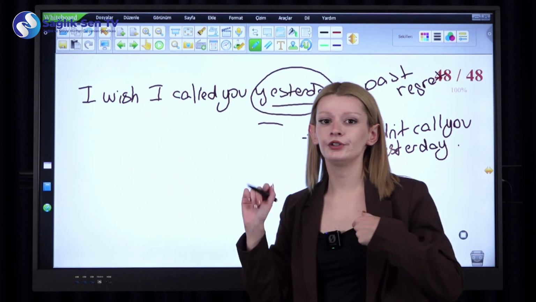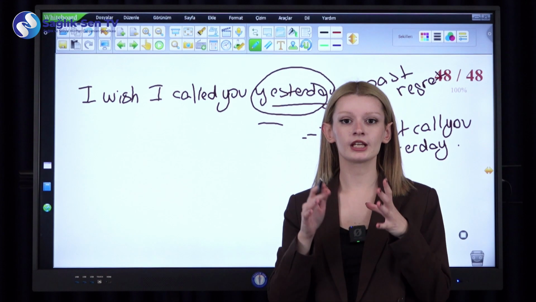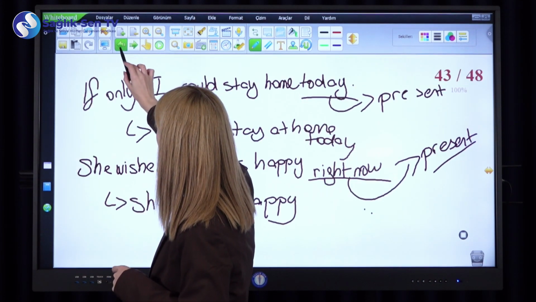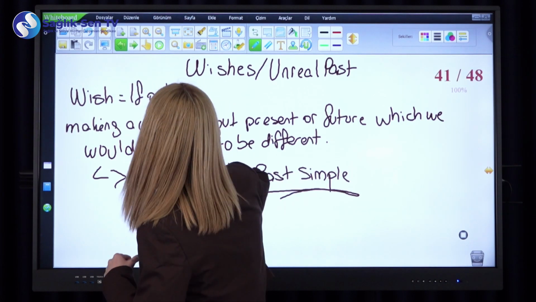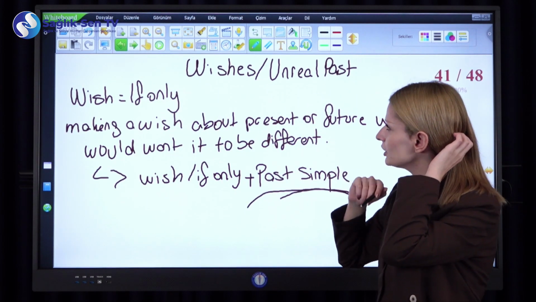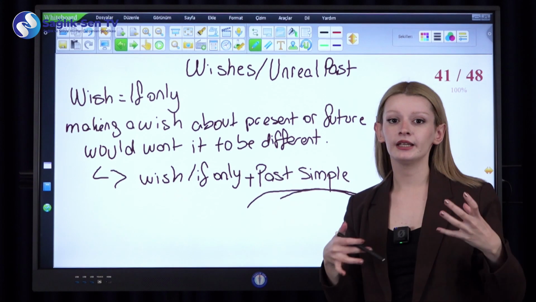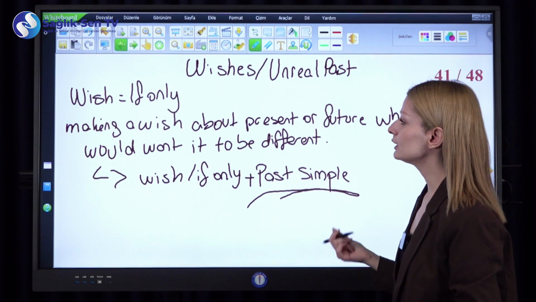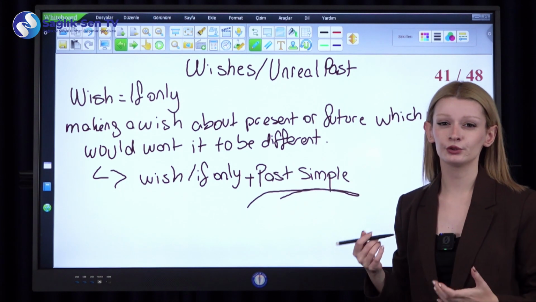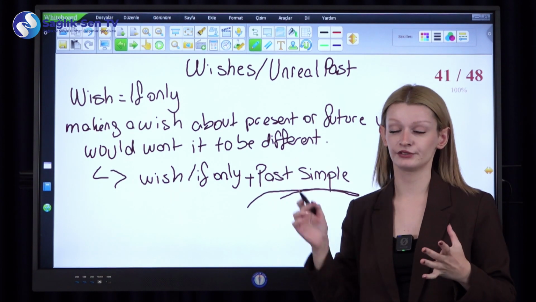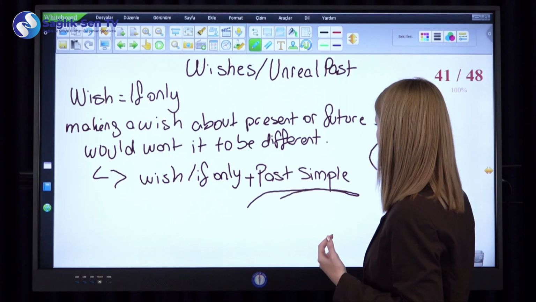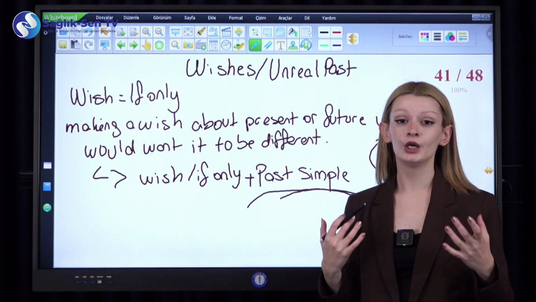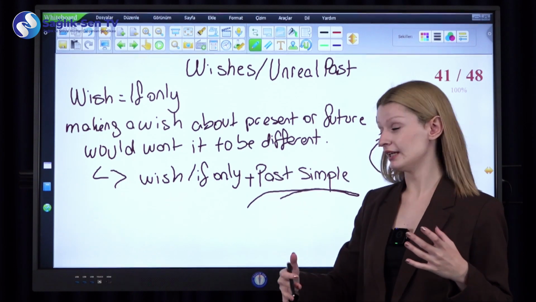Now we will review wishes and unreal past. We started with making a wish for present or future. And when we're doing that, we use past simple tense, verb 2 form. But don't let it confuse you, because what we're wishing for is present.